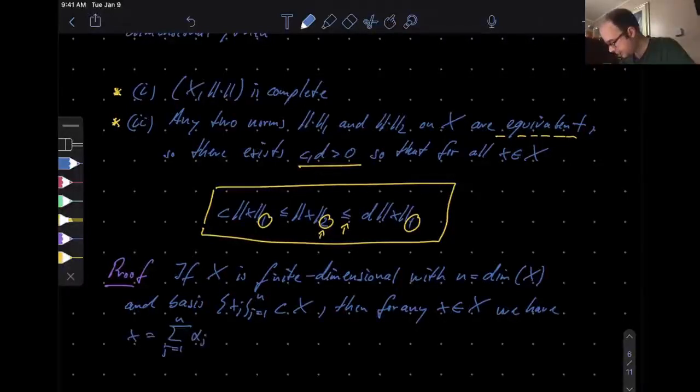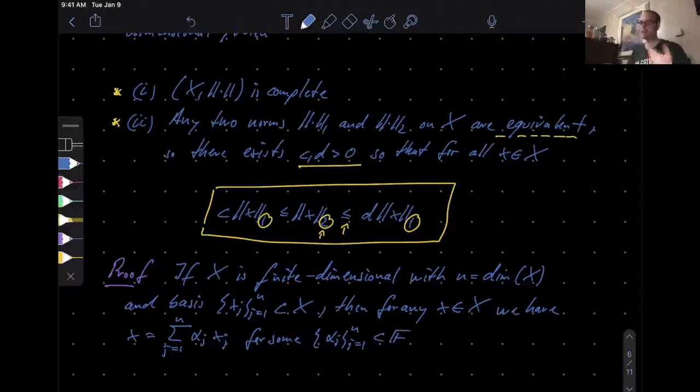There are some scalars, alpha sub j, out front, for some alpha j, actually unique. Okay, if you have a fixed basis, then these alpha j's are always unique. This is because the elements in the basis have to be linearly independent. Okay, so we have this.